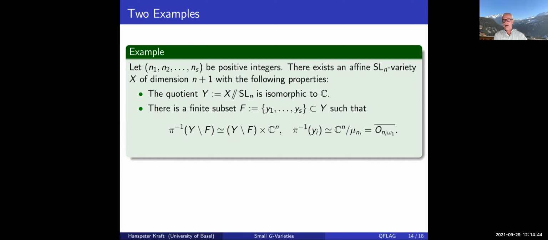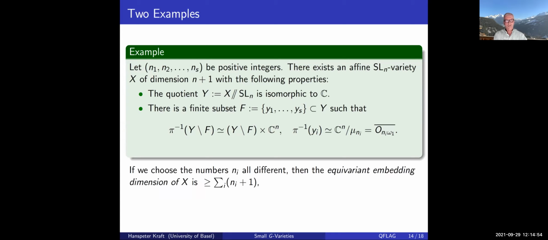So the previous example was just the case of n1 being a single one. You can do it with any number of positive integers. Now, what's the consequence? If we choose the numbers ni all different, then the equivariant embedding dimension of X is the summation of the ni plus 1.